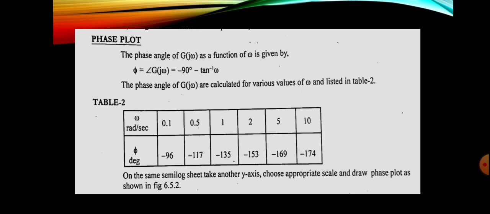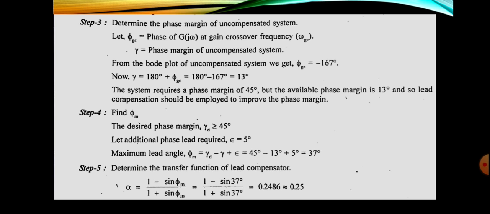From that phi gc you can calculate the phase margin. Phase margin gamma will be equal to 180 plus phi gc, so that will be equal to 13 degrees. That means the phase margin provided by the system is 13 degrees.